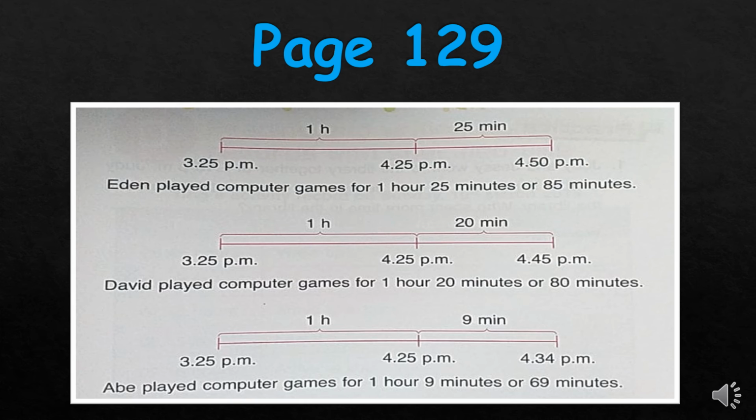So from 3:25 to 4:34 is 1 hour and 9 minutes. We can also say Eden played for 1 hour and 25 minutes or 85 minutes. David played for 1 hour and 20 minutes or 80 minutes. And Abe played for 1 hour, 9 minutes or 69 minutes.